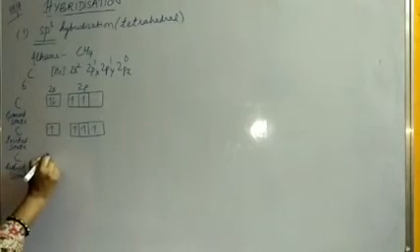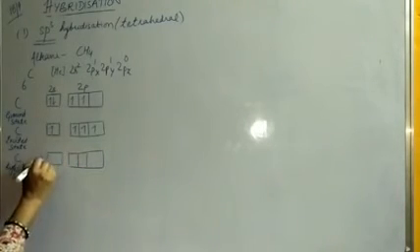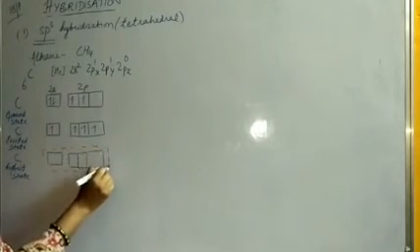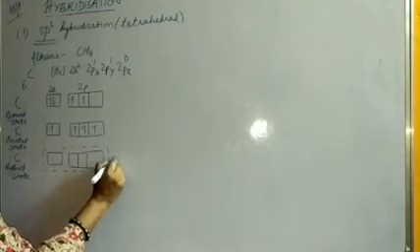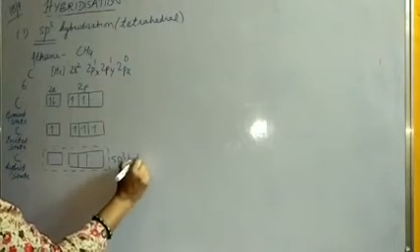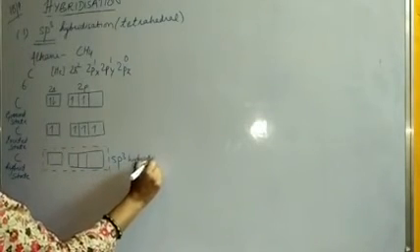These 4 atomic orbitals will undergo intermixing, and they are undergoing the sp3 hybridization, that is the intermixing of 1 s and 3 p orbitals.